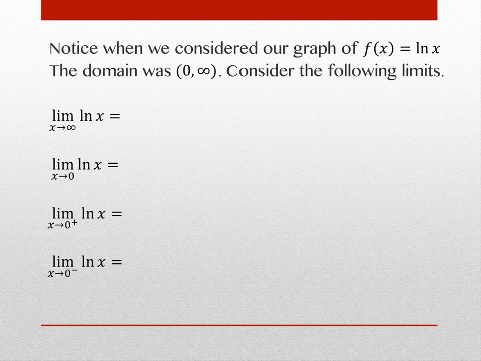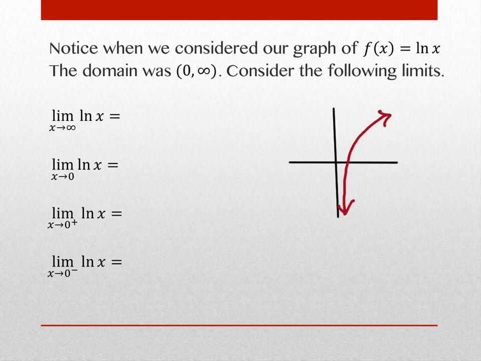So I'm going to sketch our graph on here so that we have a place to see it again. All right, so here's the axes, and our graph looks something like this. And we're asked to find, on the first one, the limit as x goes to infinity.